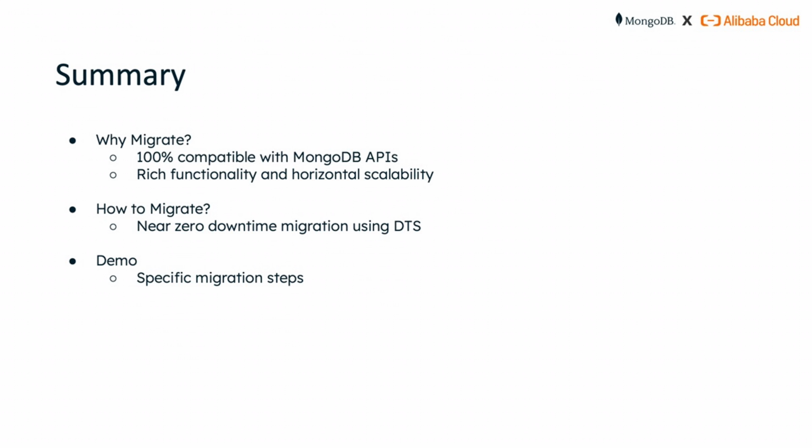And how to migrate. We introduced DTS as a key tool to achieve near zero downtime migration. And the third is the demo. We illustrated the specific migration steps, making the process clear.